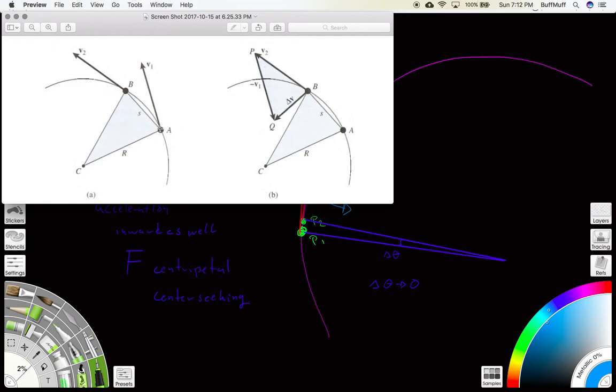So the resultant velocity vector is going here, which implies the acceleration is going here. And if there's acceleration going here, there's a force trying to accelerate my projectile inwards as well, and that is called centripetal, the center-seeking force. It is not going outwards, as you might think. It is going inwards, because the change in velocity vectors implies a change inwards.